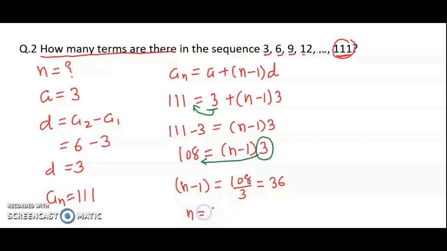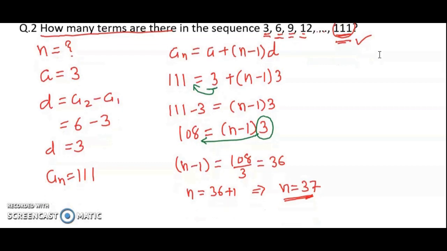So we get n equal to 36 plus 1. So we get n equal to 37. It means in this arithmetic progression, in this series, the 37th term will be 111. Let's see the next question.